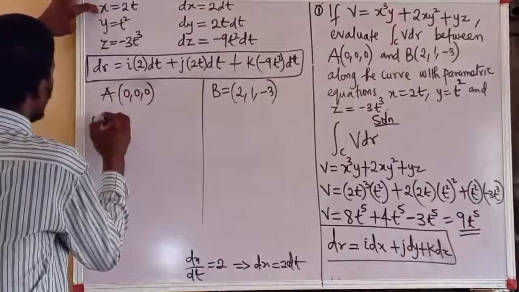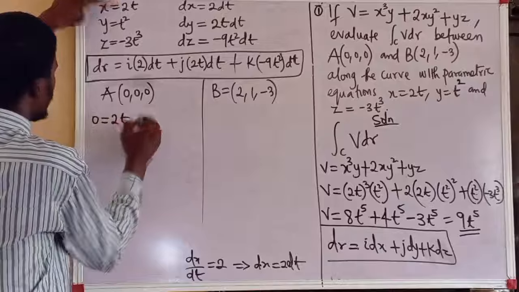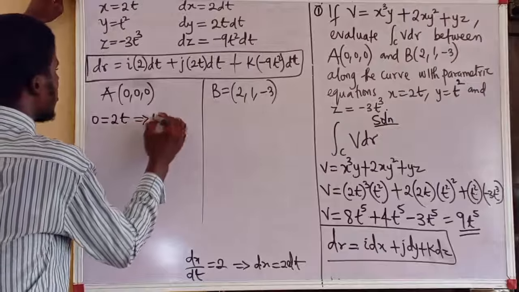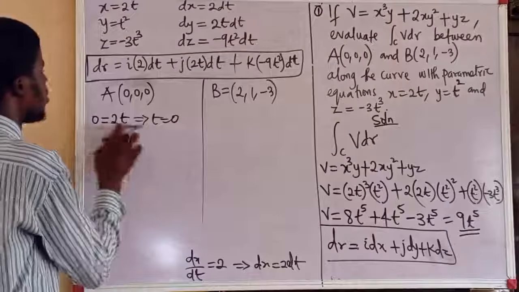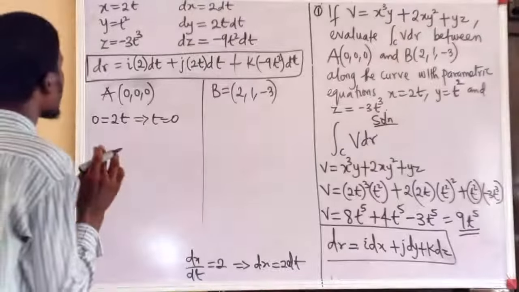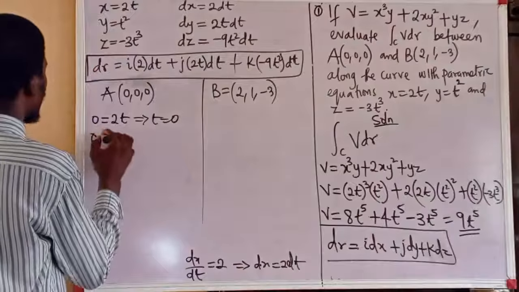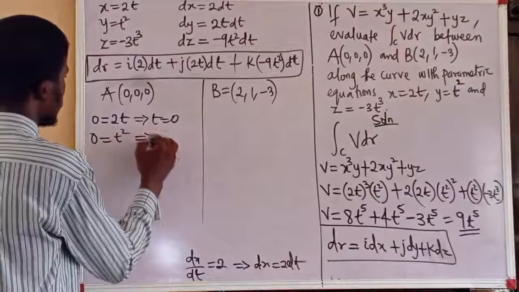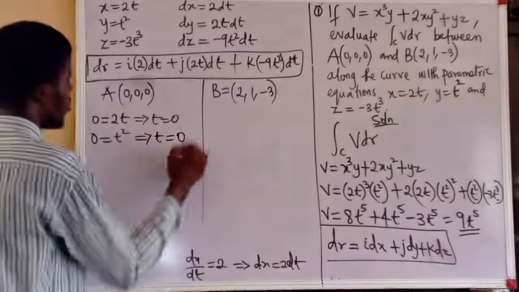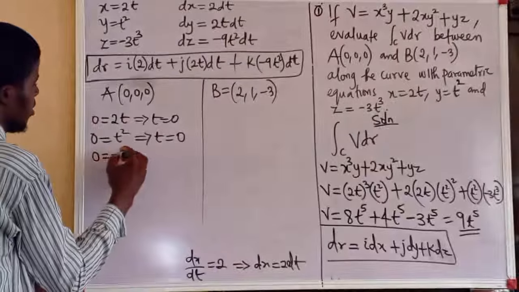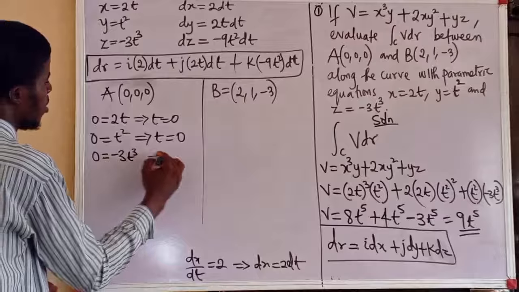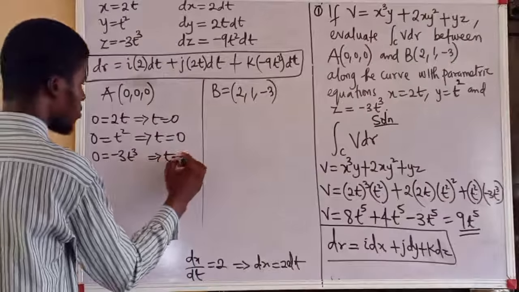Put 0 here, 0 equals 2t, and this implies that t is equal to 0. Divide both sides by 2, t is 0. Put 0 for y. If you make t the subject of the formula, t is also equal to 0. Put 0 here for z, minus 3t cubed. t is also equal to 0.